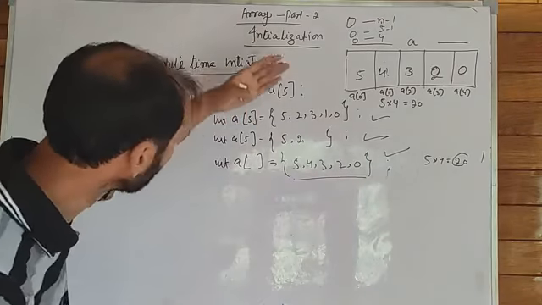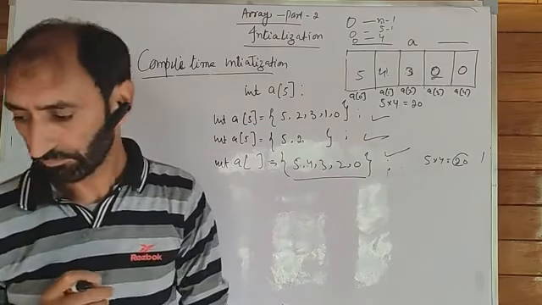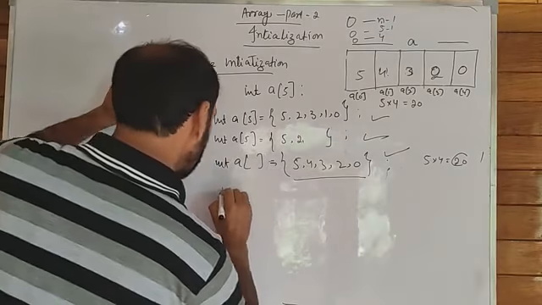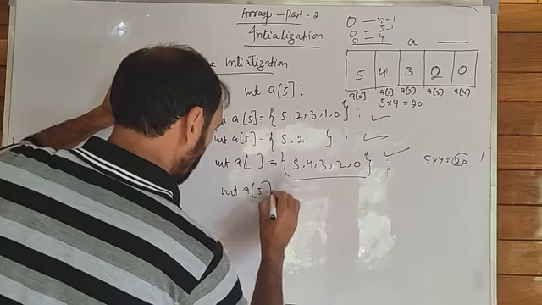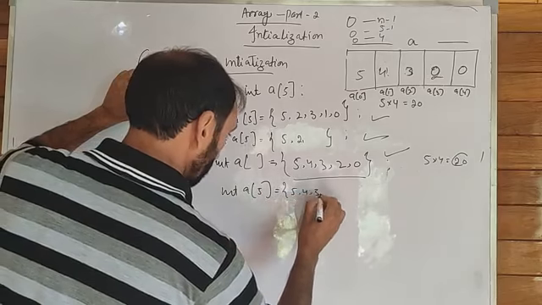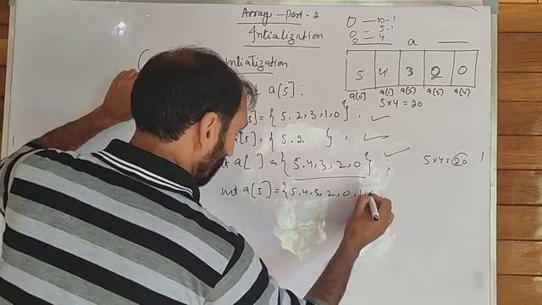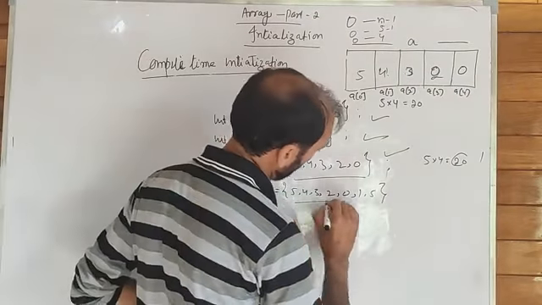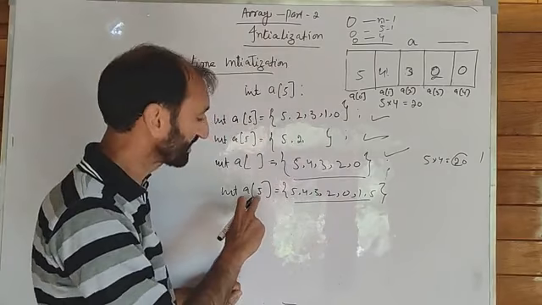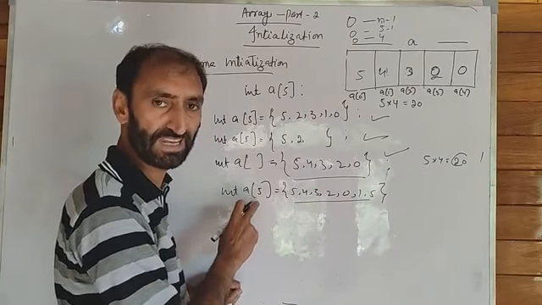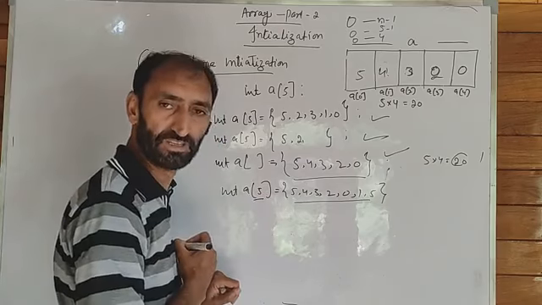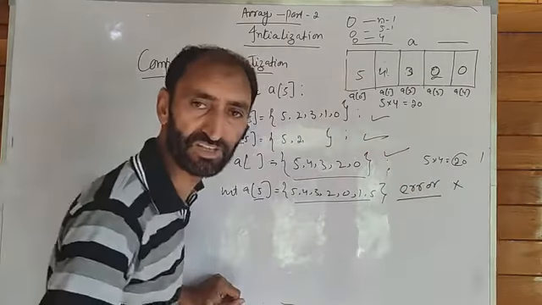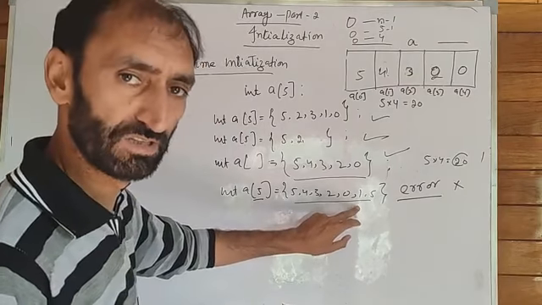You should switch on to another way of initializing elements at the time of declaration. If I write int a of 5 and initialize 7 elements, I want to initialize 7 elements but the declared array size is 5.